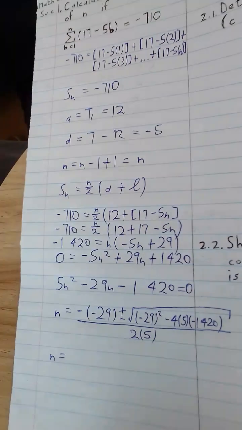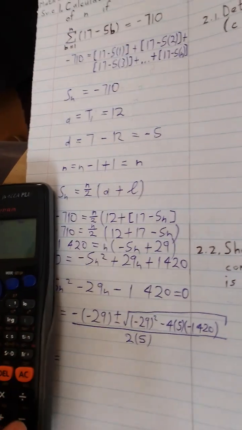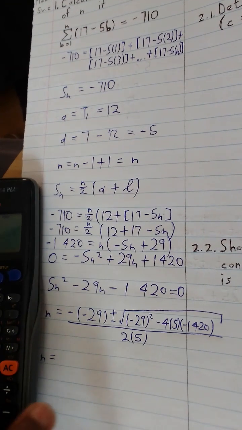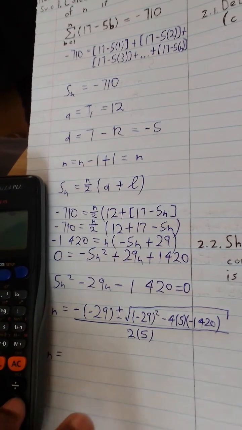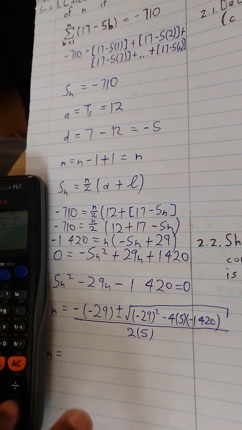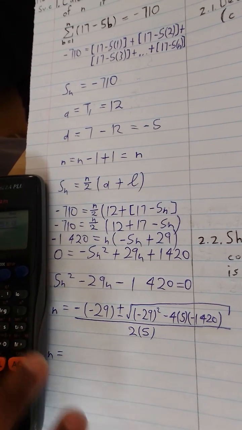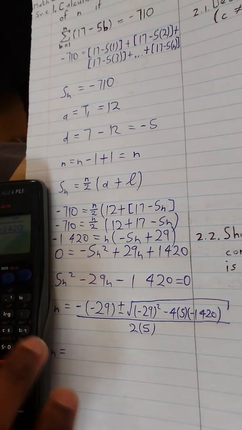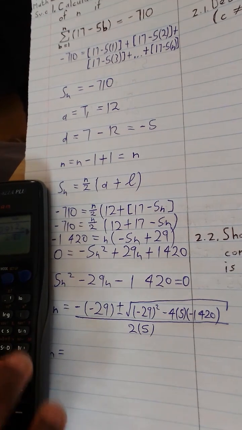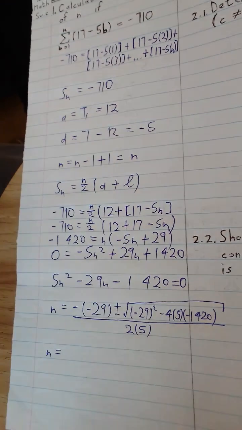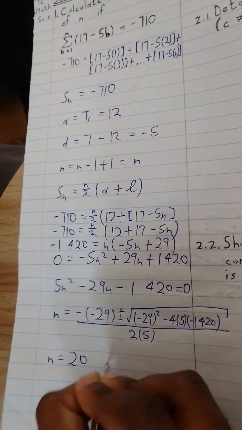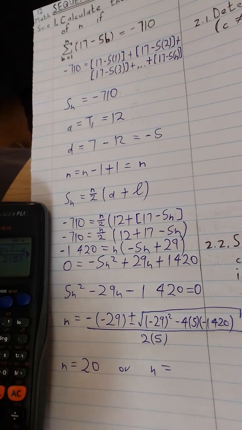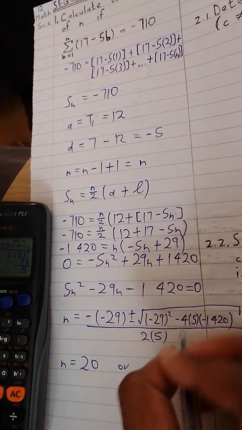So n is going to be, let's start with plus, n is 20, or n is negative 71 over 5.